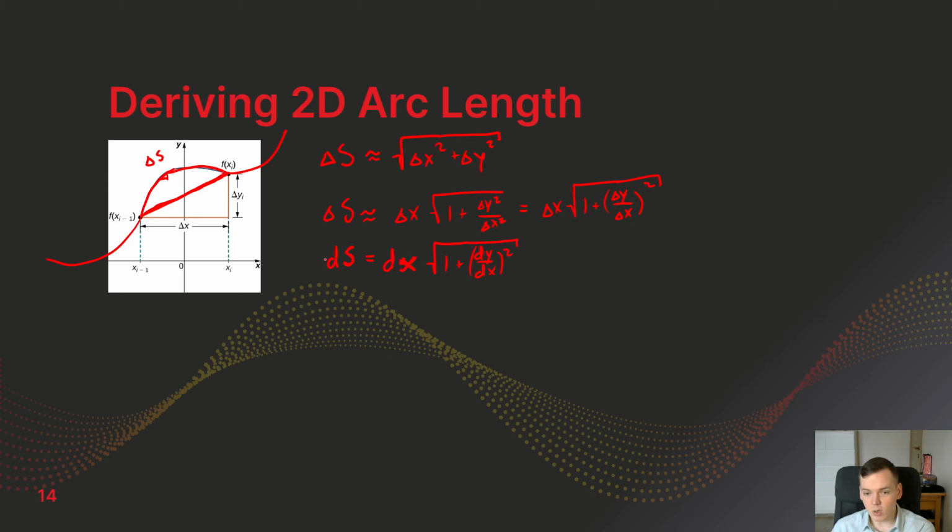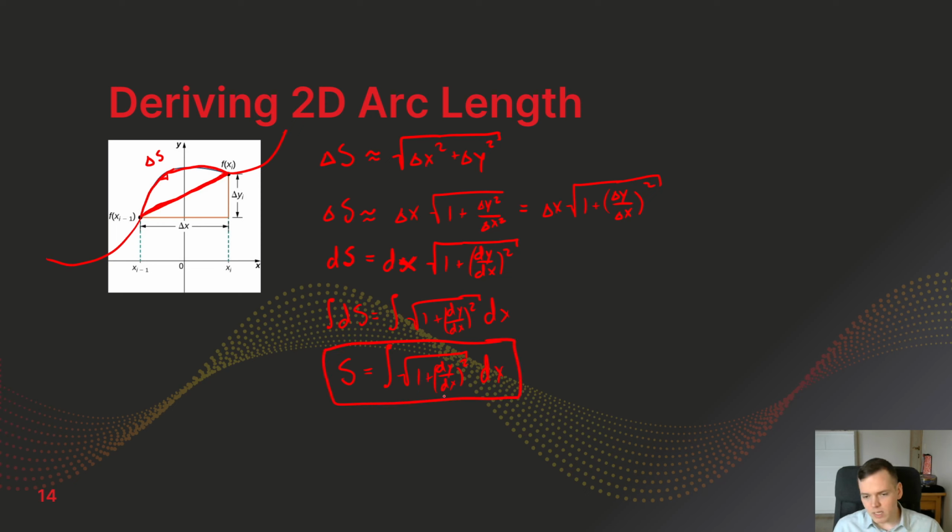If I want to find the total arc length, well, then I just integrate both sides. The integral of ds is equal to the integral of the square root of 1 plus dy over dx, squared, dx. The integral of ds will just be s, and that will equal the integral of the square root of 1 plus dy over dx squared dx.